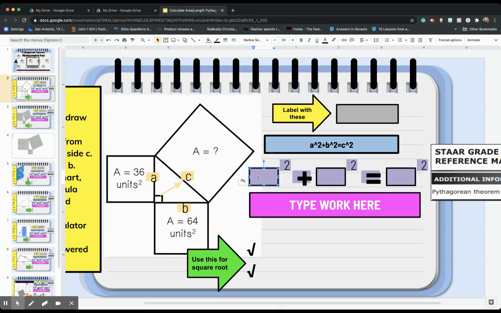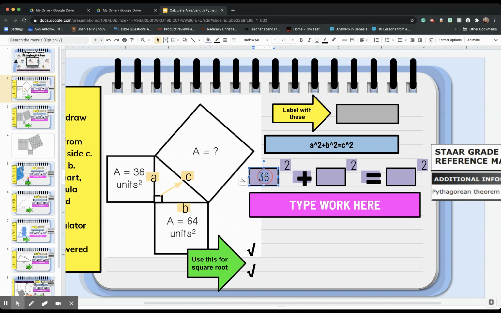So we already got what we needed for A squared. If we were looking for just A, we would do 6 because the square root of 36 is 6, right? So if I put in a 6 there, 6 squared is 36. So like I was saying, this problem already gives us our answer, all right?